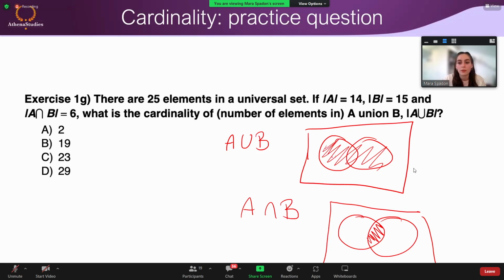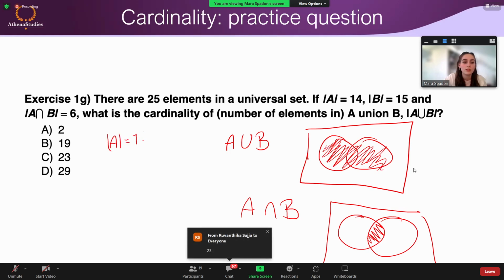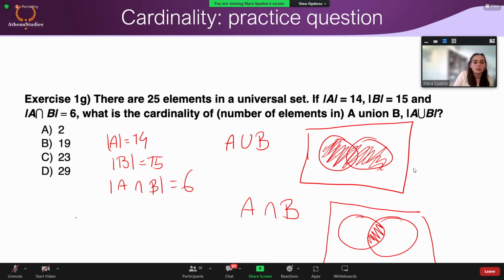So could anyone maybe tell me what the answer to this question is? We know that all the elements of A are 14, all the elements of B are 15, and the intersection is 6. So indeed it is 23. And why is it 23? Because we have 14 plus 15 and we remove the intersection, right?